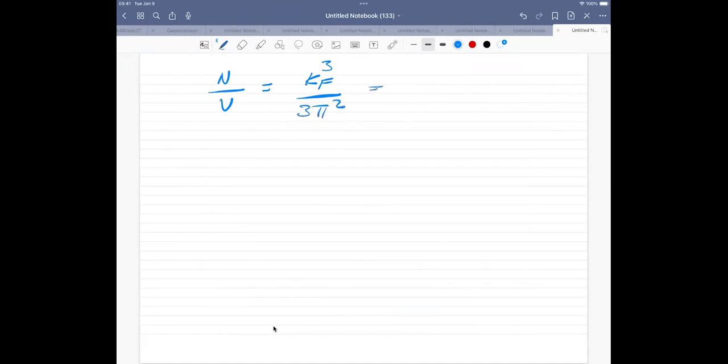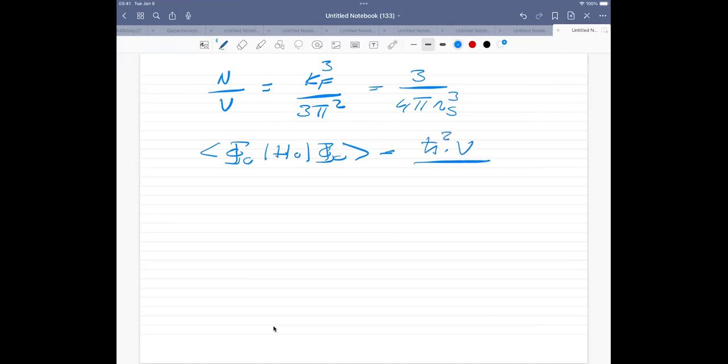And we can rewrite this one in terms of the volume which a single electron occupies with a radius rs. If we do that, then I can rewrite this phi 0 of H0 of phi 0 as h bar squared times the volume divided by 10 pi squared times m.